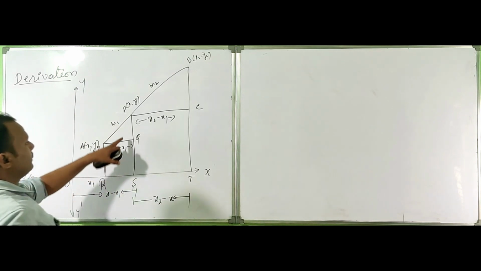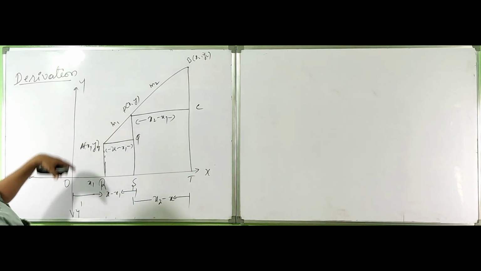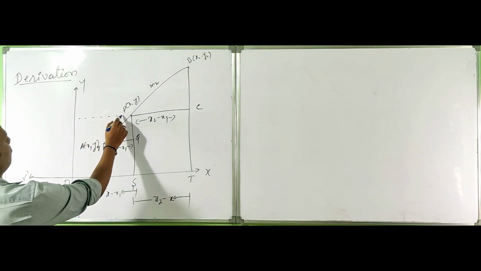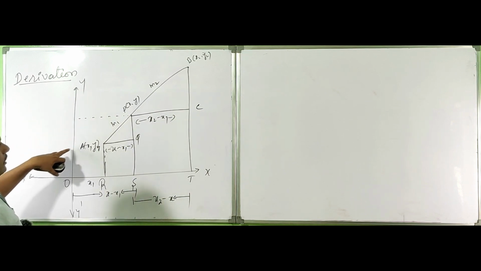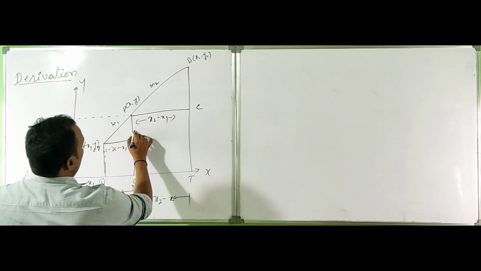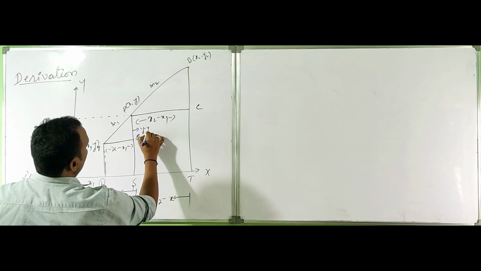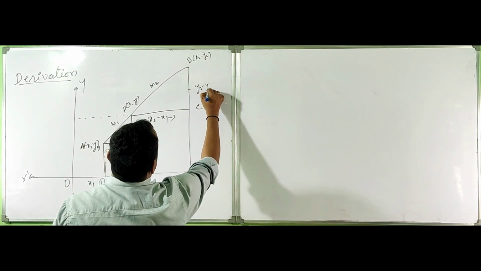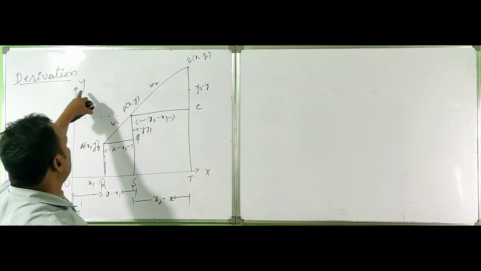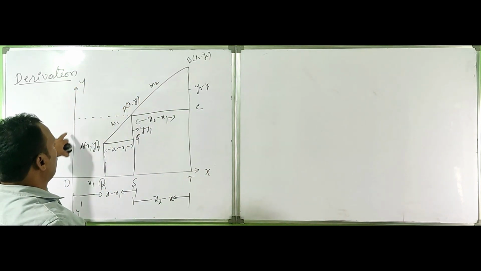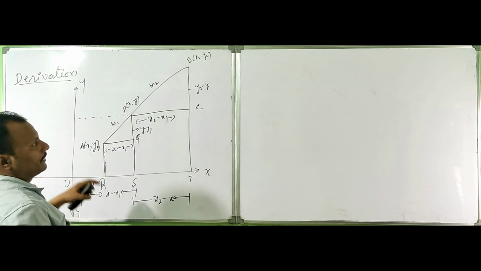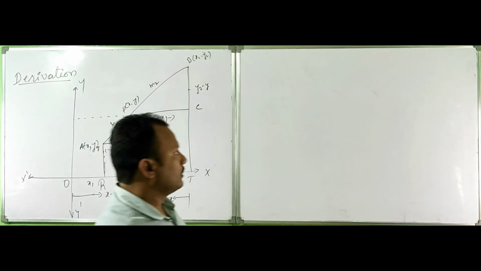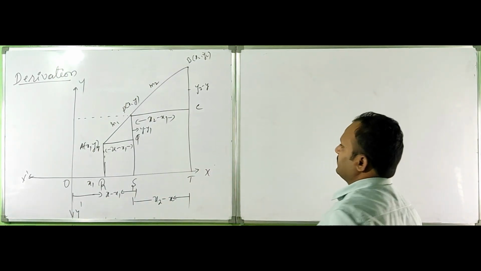Similarly, if you draw here, this is y, this is y1, this becomes y minus y1, and this becomes y2 minus y, because this is y and this is y2. You can write the plan.